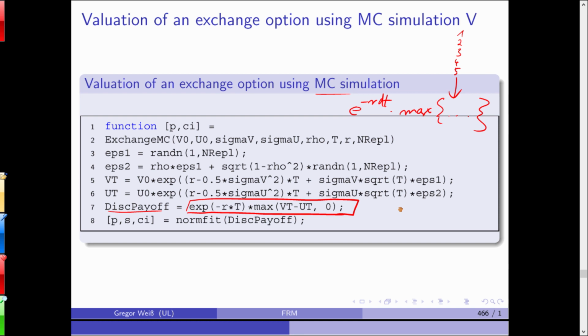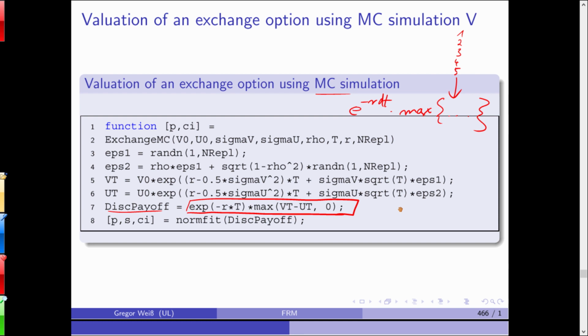We have as input parameters U0 and V0, the starting prices of the underlyings, sigma V, sigma U, rho, the maturity capital T, r, the interest rate, and nRepl, the number of replications, the number of simulated paths we need. Epsilon 1 is randn(1, nRepl).